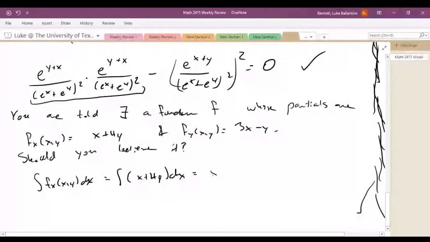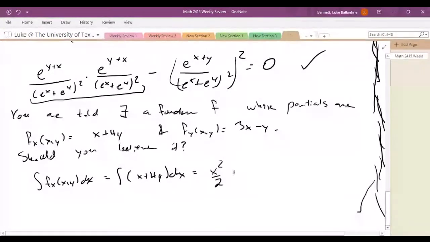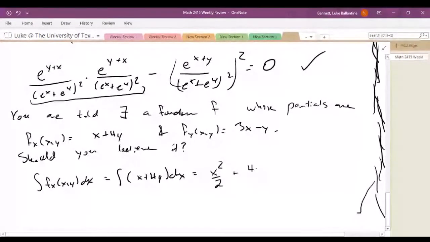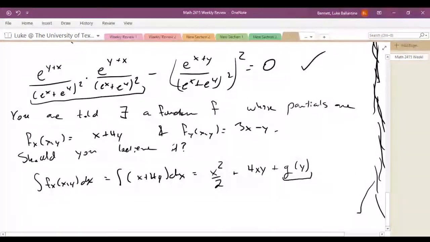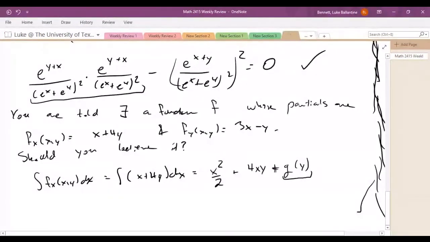So then we get x squared over 2 plus 4xy plus g of y. This is my constant of integration because we're integrating a function of multiple variables with respect to x. The constant of integration will be a whole function of y.